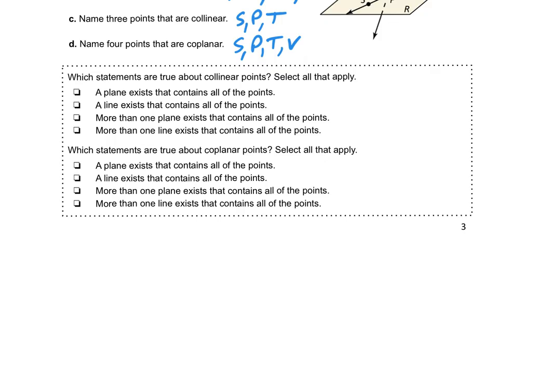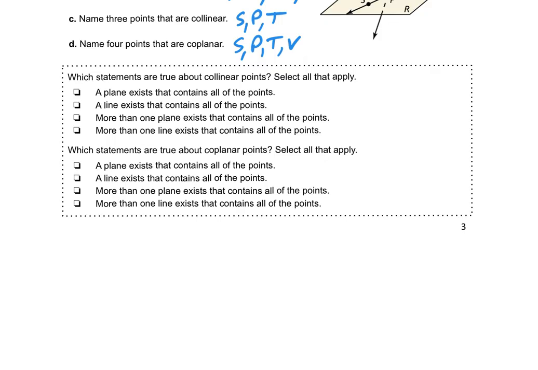Do those points make a plane? Are they on the same plane? Yeah, because here's what I can do. I could make a plane with it. And then these 2 points are on that same plane. Okay? So that would be yes.